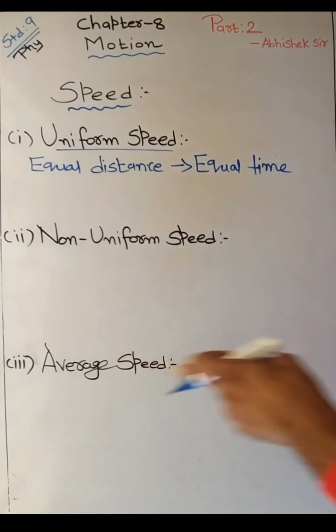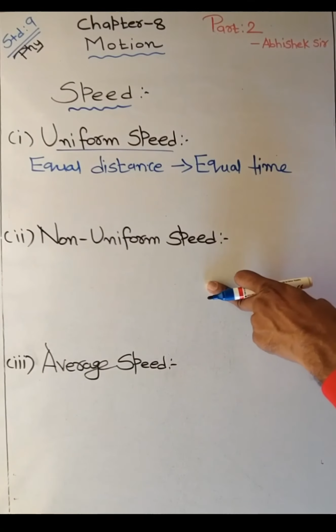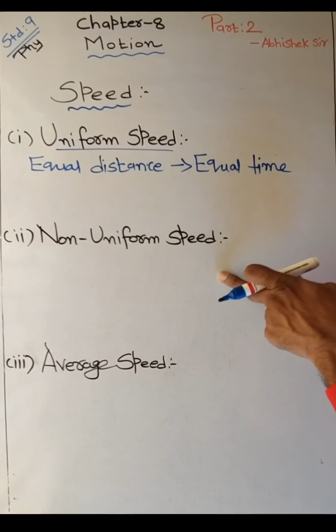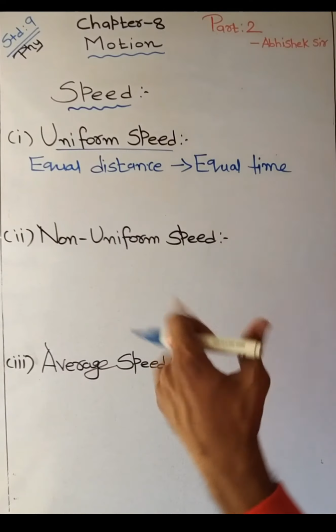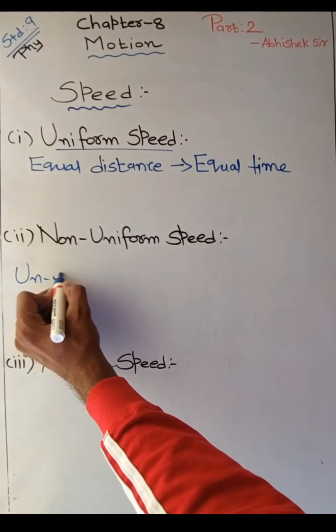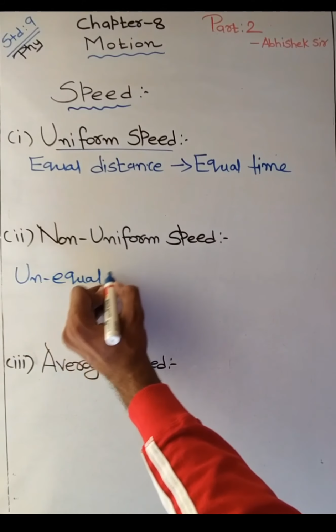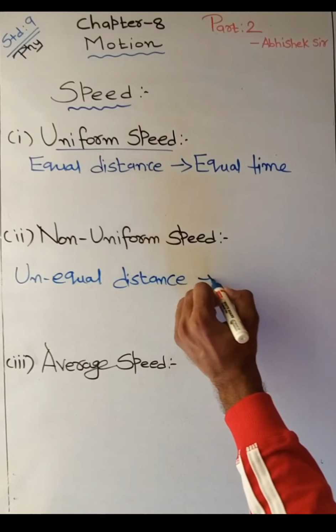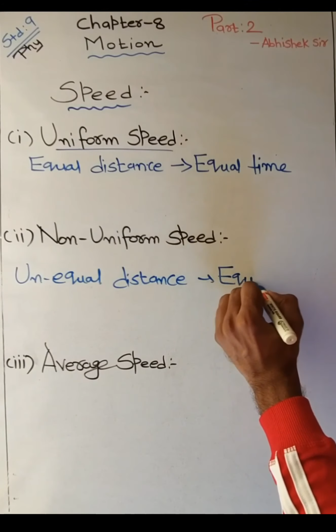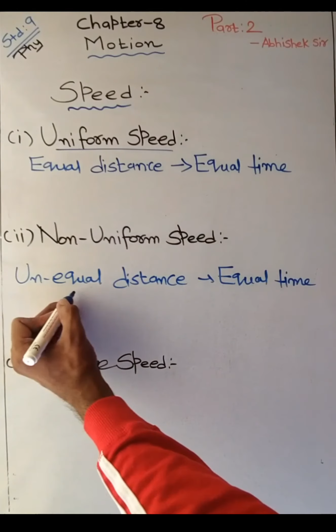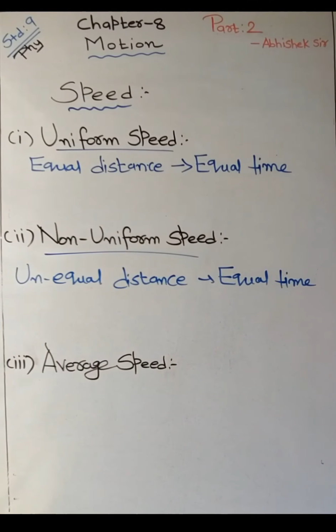The opposite of that will become non-uniform speed. Here, if a moving body covers unequal distance in equal intervals of time, then the speed is said to be non-uniform, right? So if it is unequal distance, it is called non-uniform speed.